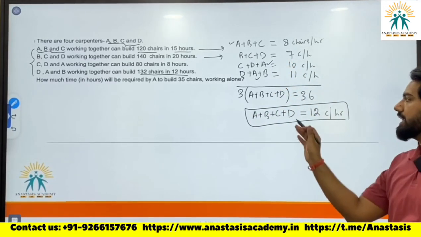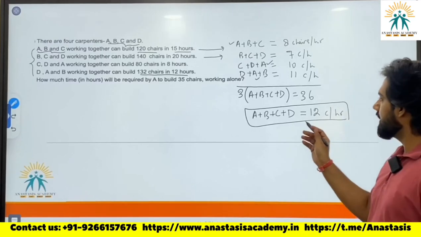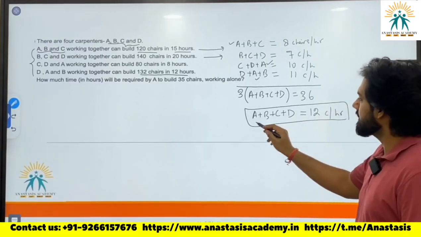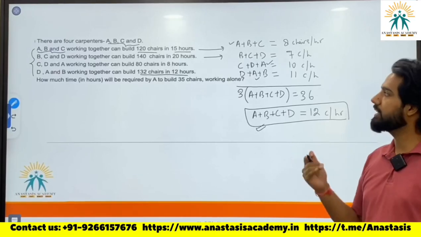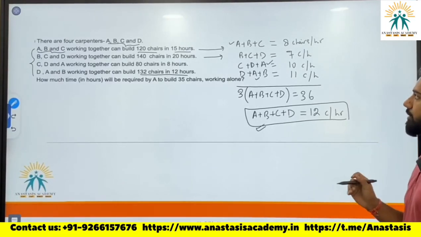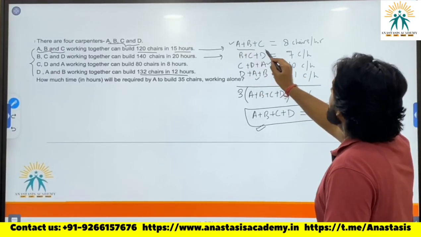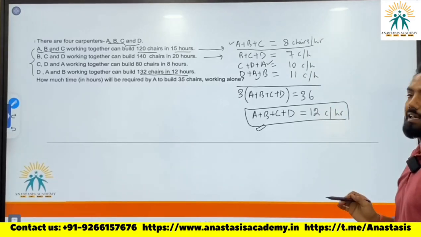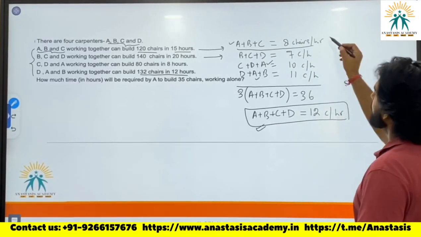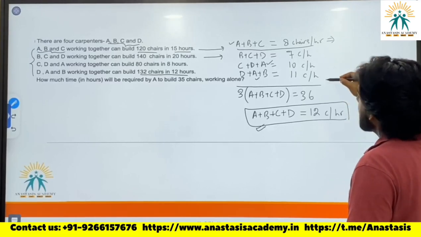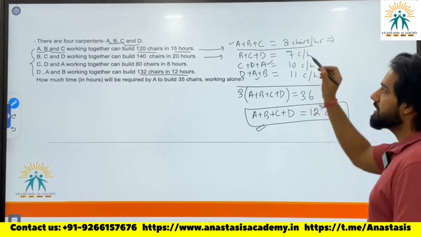So from this given data I find the sum of efficiencies of all these 4 carpenters. Now A plus B plus C is already 8 chairs per hour and the efficiency of all 4 together is 12 chairs. So from here I can find the efficiency of individuals.